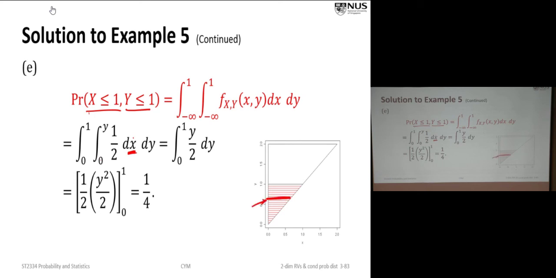At this point x equals 0, and at this point x equals y, because this is the line y equals x. So at this point it is y. After I integrate all this, all the density here falls onto this point. So now I have density along this line, from 0 to 1. So I integrate from 0 to 1, and the answer is 1/4.